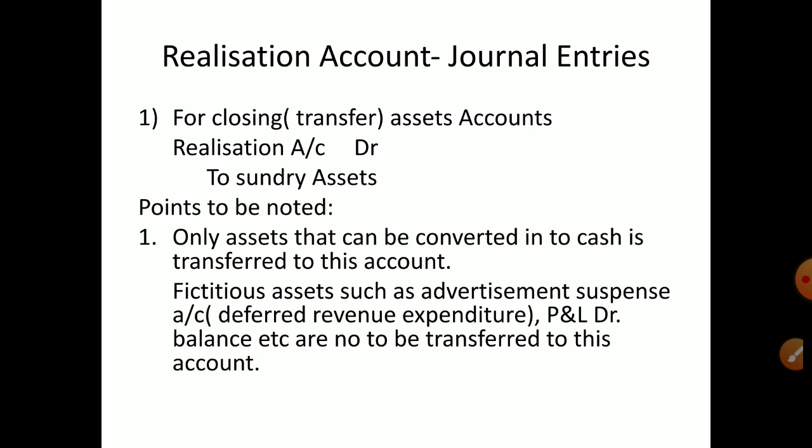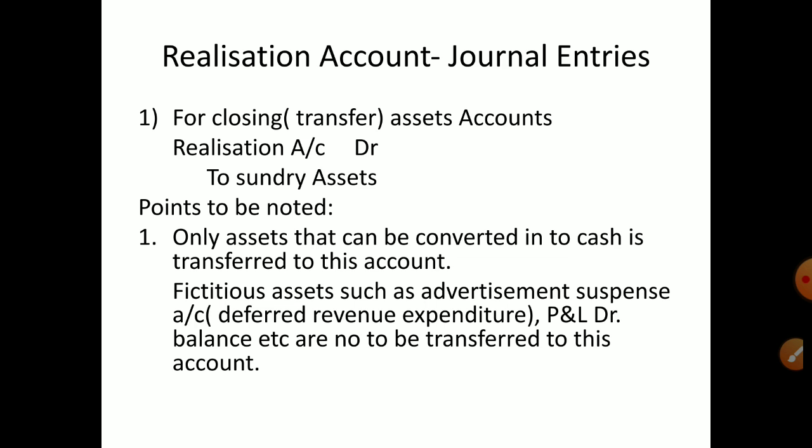To close the assets: assets already have a debit balance, which is why they are on the asset side of the balance sheet. Now, to close that item we have to give credit to the asset. So what will come in the realization account? Realization account will be debited to sundry assets.